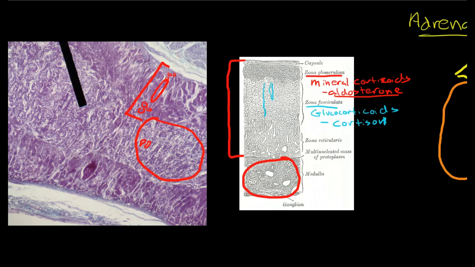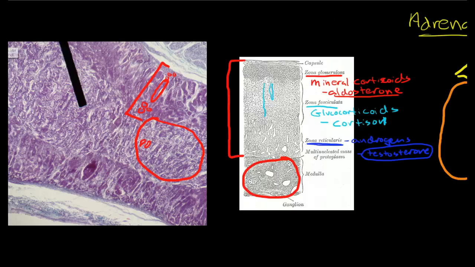And then there is the smaller zona reticularis, and this produces androgens, primarily testosterone. Testosterone is primarily produced in the testes, but a small amount is produced in the zona reticularis of the adrenal glands as well.